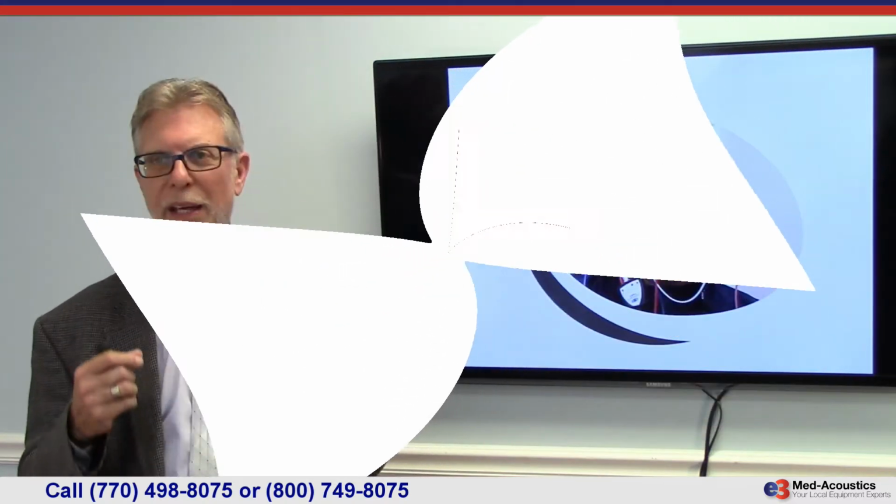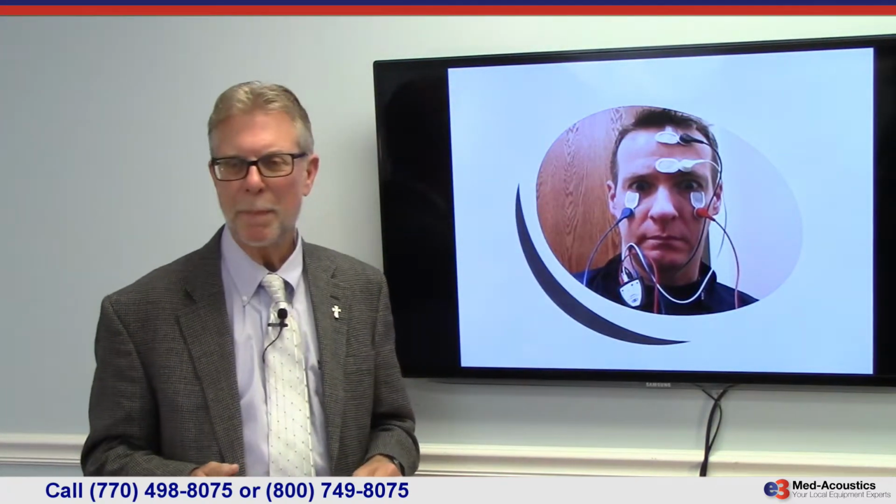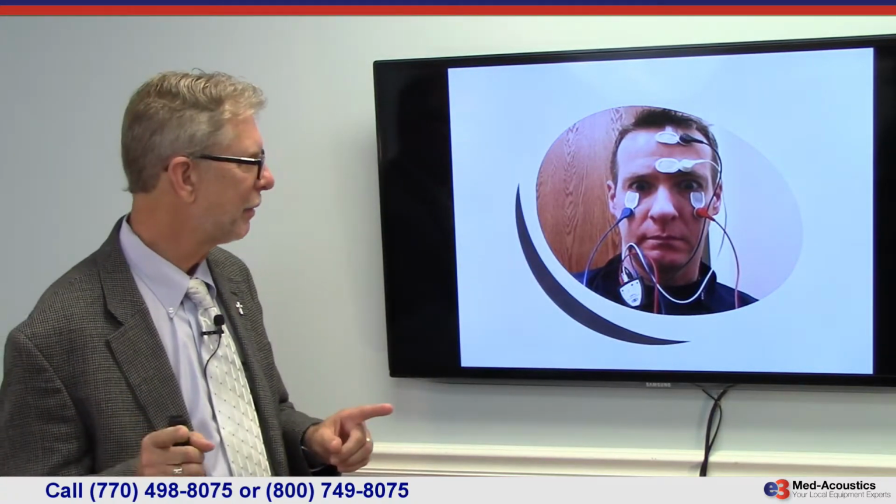Now my next slide is going to show you the best possible electrode montage. We've been working on this a long time, and we've tried everything. And there have been studies published using numerous different montages, including on the chin and on the nose and a number of different ways. But this is what makes all the difference.